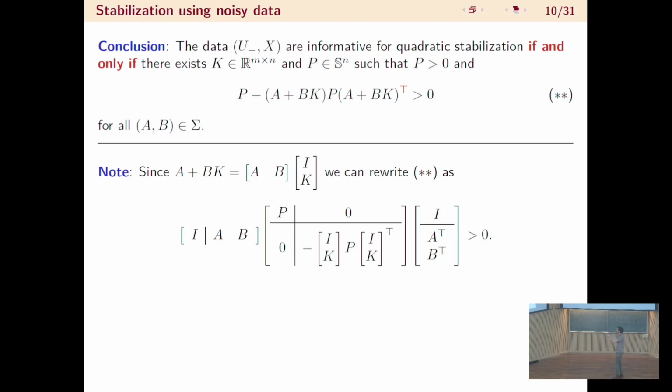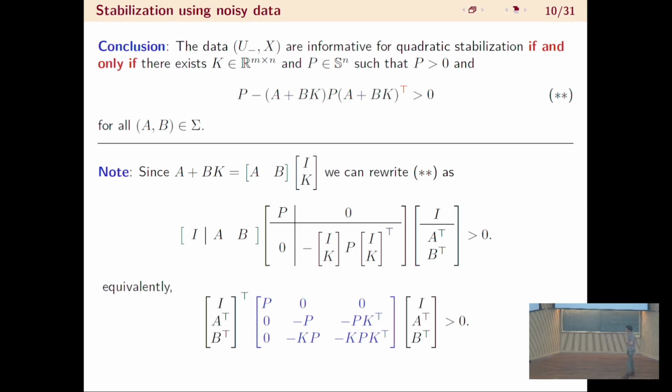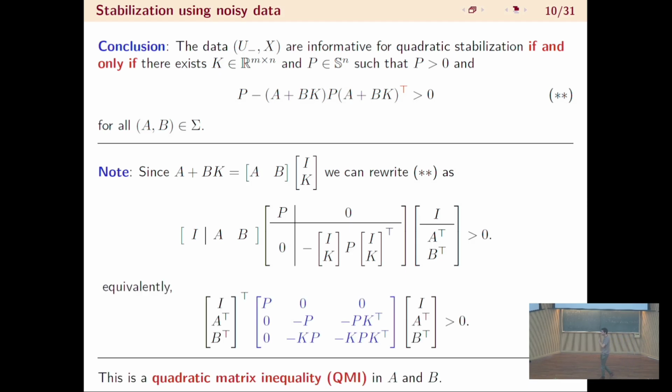So this is just a reformulation of the dual Lyapunov inequality. But the reason I'm showing you this inequality in this form is that this is now a quadratic matrix inequality in the matrices A and B. So this inequality that we obtain finally, you can view as a quadratic inequality in these unknown matrices A and B. That's the point.